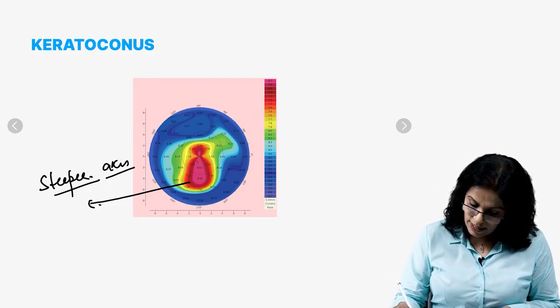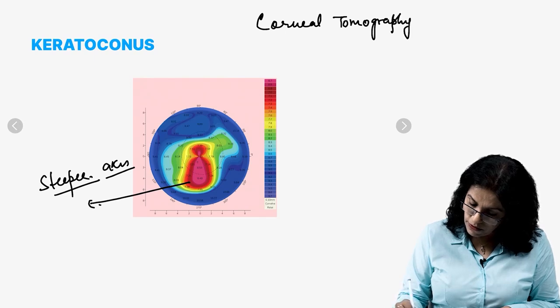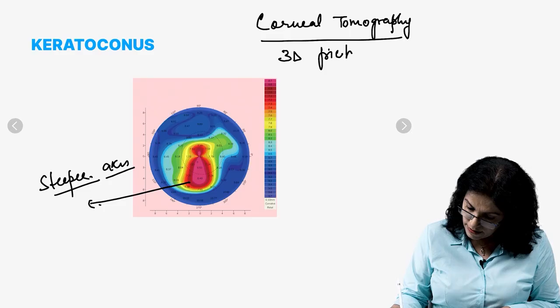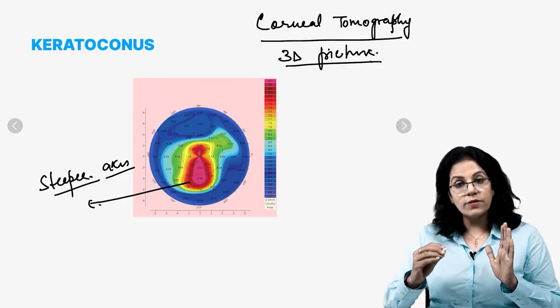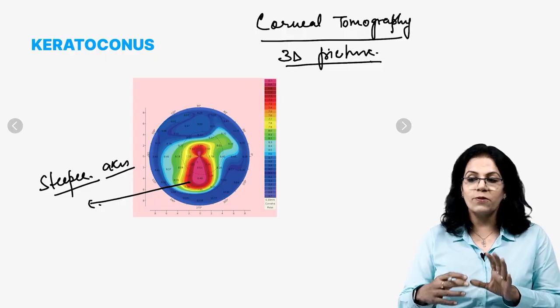Otherwise, another thing is, once you know about corneal topography, what is corneal tomography? You should know this also, right? So, when you say this is topography, correct? Corneal tomography actually is taking a 3D image of the cornea. Please note it down, all of you. It takes a 3D picture of the cornea. Okay? And it is going to scan both anterior and posterior. Corneal topography was only anterior.